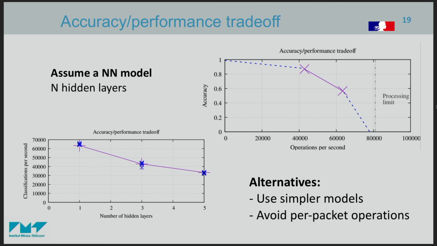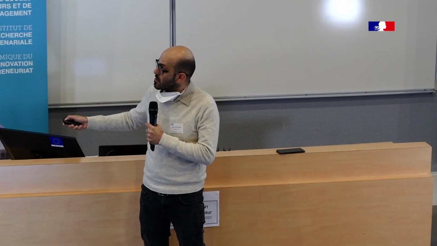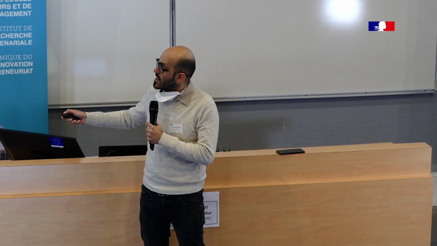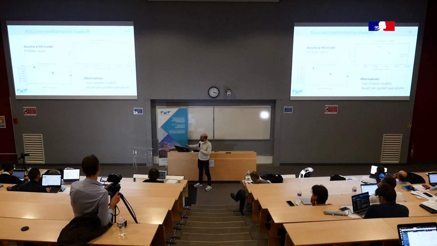For instance, here you can see that the number of classifications per second is clearly going down as soon as you start having more hidden layers. And on the contrary, the accuracy is increasing with the number of operations per second. So there is a trade-off between the accuracy that you can achieve and the performance provided by such solutions.